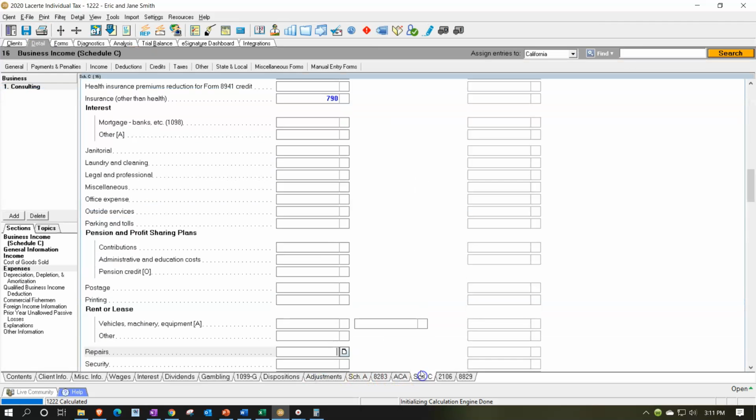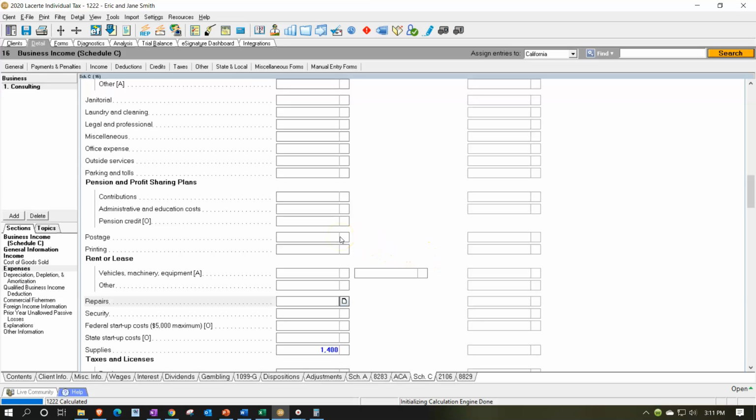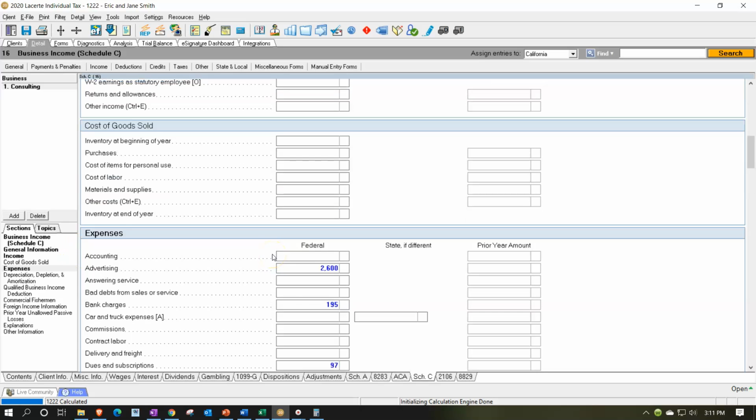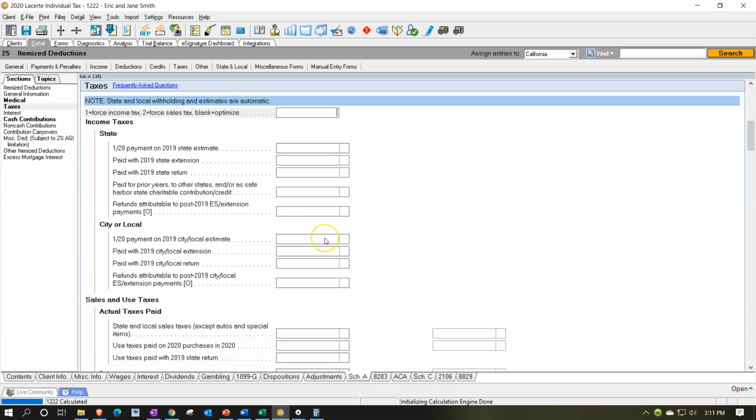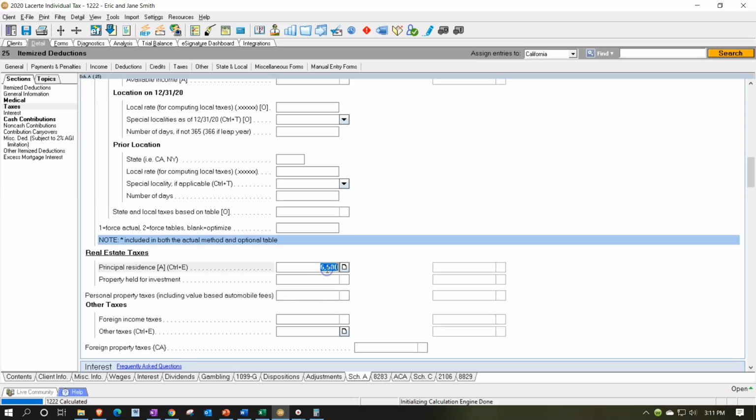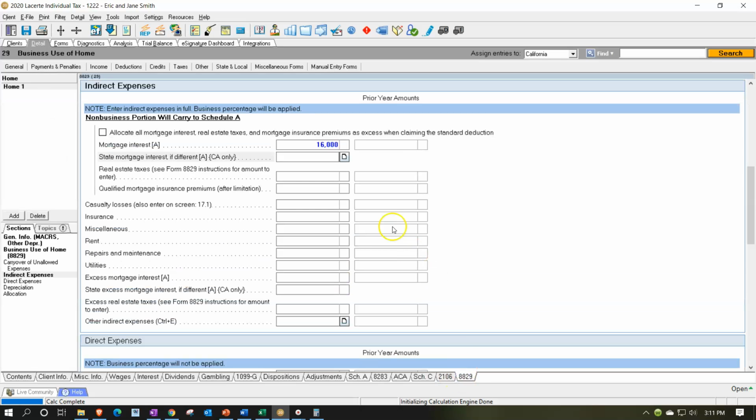I'm sorry, let's go to the Schedule A, and then let's go to the taxes, and we're going to be removing this 6.5 there, and then I'm going to add it to Form 8829. So that's going to be the real estate taxes, which was 6.5 there.